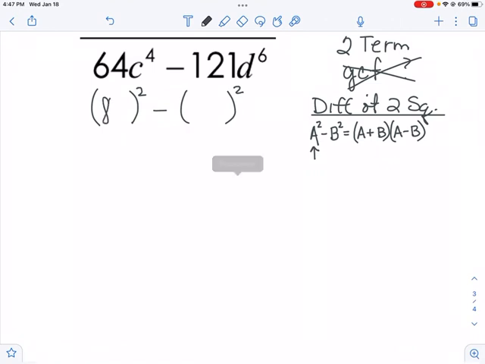Remember, when I square 8c squared, I get 64c to the fourth. And 121 is 11 squared, so I'm going to write the inside of this square as 11d cubed. So now I have the form.